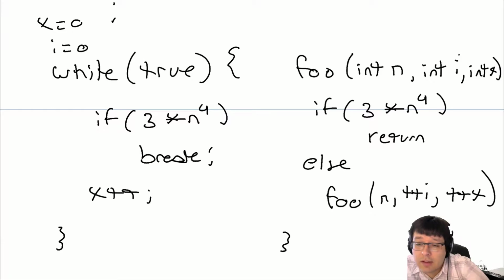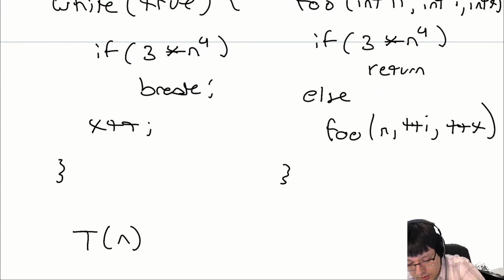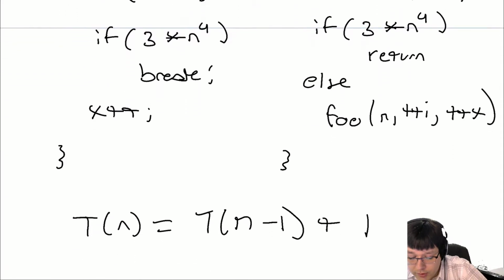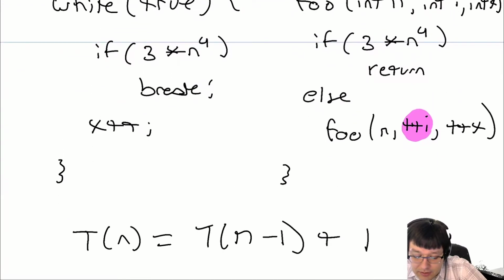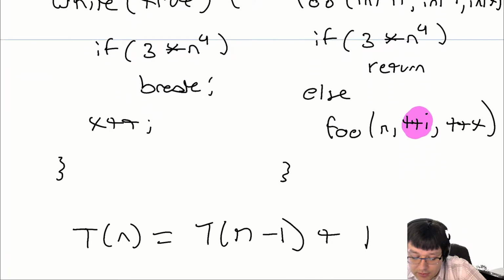And so now that you did this recursively, you can very easily see that the recurrence relation is just going to be t of n minus 1 plus 1. Because every time that you're doing this, it is just getting one step closer to the goal. Okay? And so, well, not quite, because the n is going to go not until n technically, but until 3 of n minus 4.